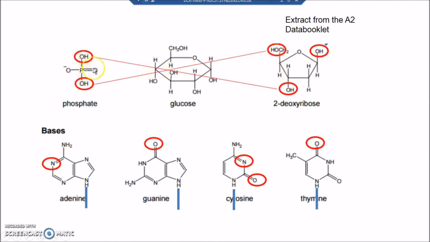So this phosphate here with the top OH links onto the bottom OH of a 2-deoxyribose, and the bottom OH of another phosphate links into the top OH of one of these here. I'll explain what this one does and what these bases are all about in a minute.